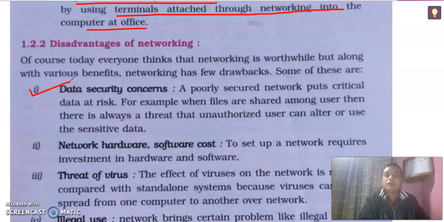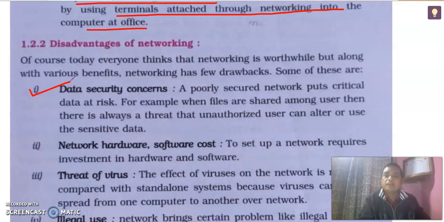So we need to have proper security of the data, because once it is shared, it can be accessed by some unsolicited users also. So we need to protect our data. It is one of the concerns.